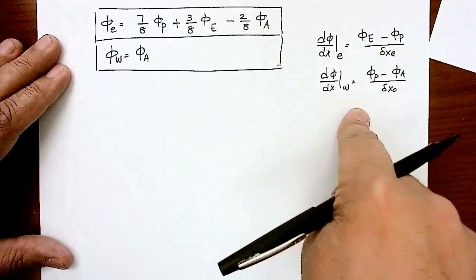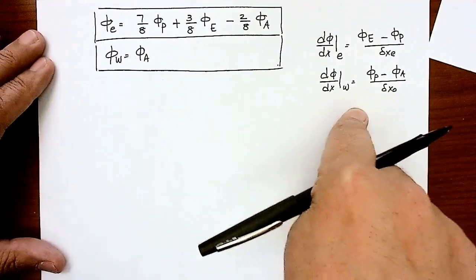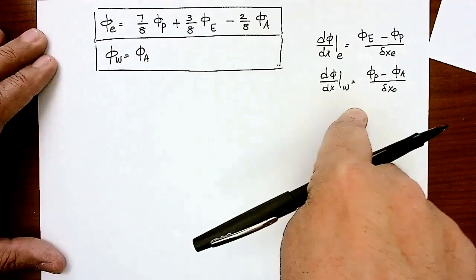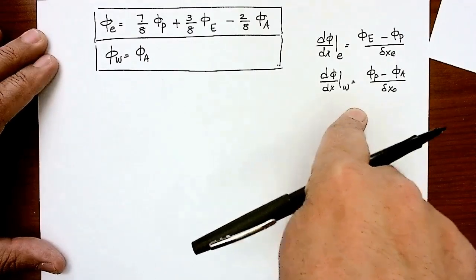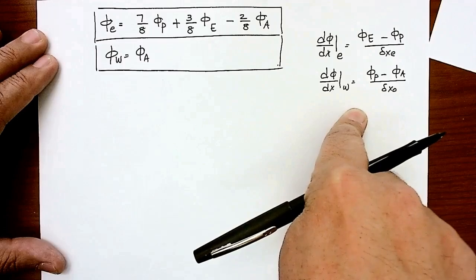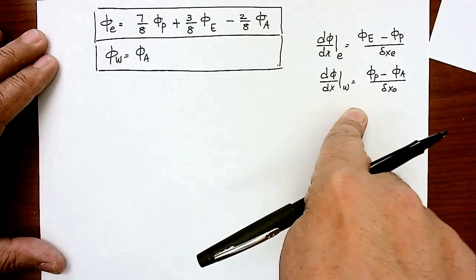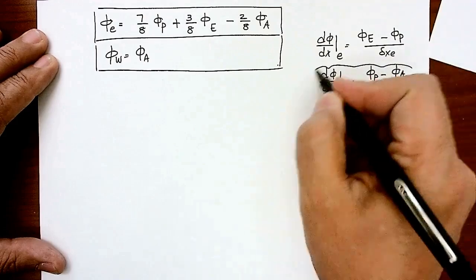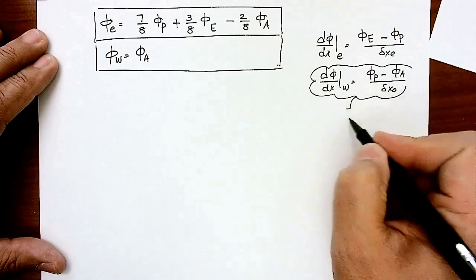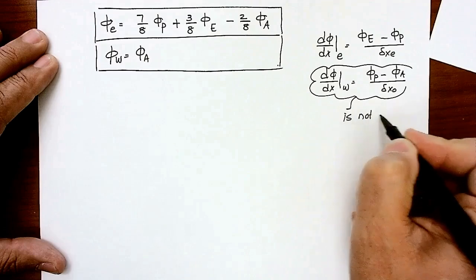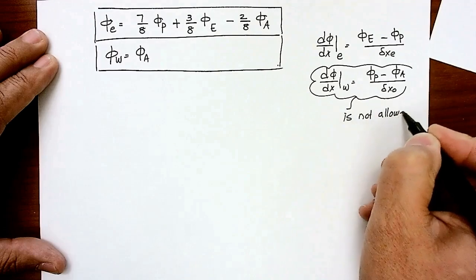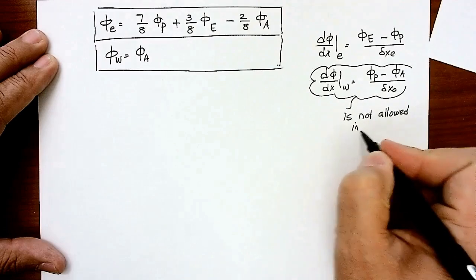This is what we used to do when we solved the diffusion problem, right? The issue is the quick scheme doesn't like to have that linear change near the boundary when there is a diffusion value on the interface. So this approximation is not allowed in quick scheme.